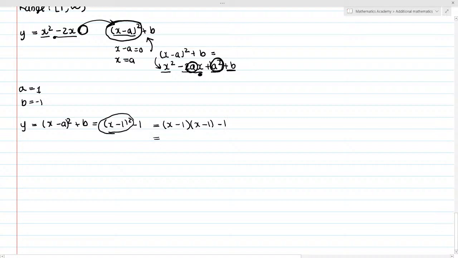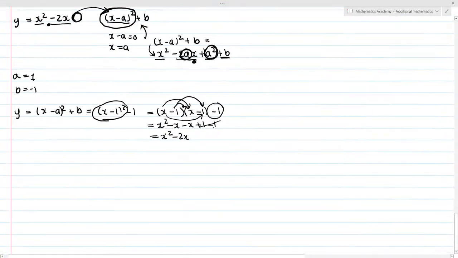You do this, that's x squared, and then you do this, which is minus x. You do this, which is minus x again, and you do this, which gives you plus 1, and then you have the minus 1 term. So you get x squared minus 2x, and the 1 and the minus 1 cancel, and so you just get x squared minus 2x, which is indeed what we had above.